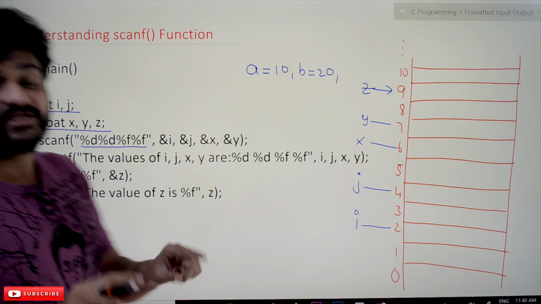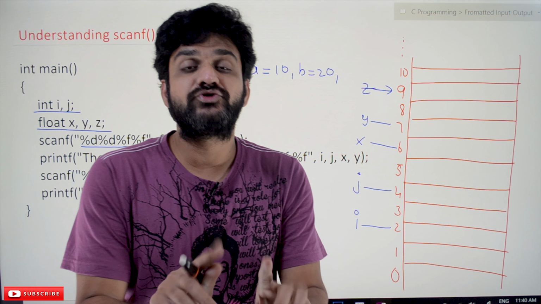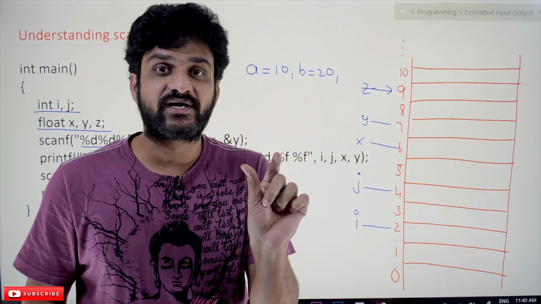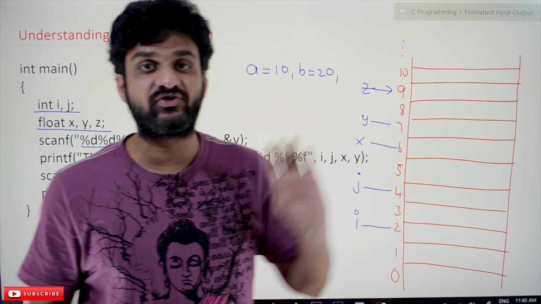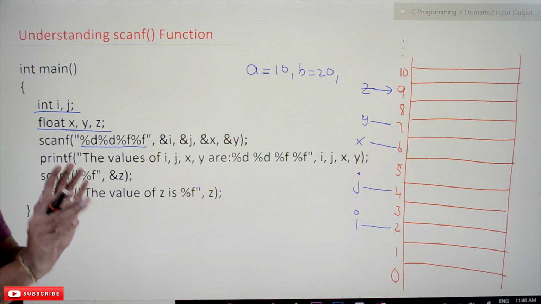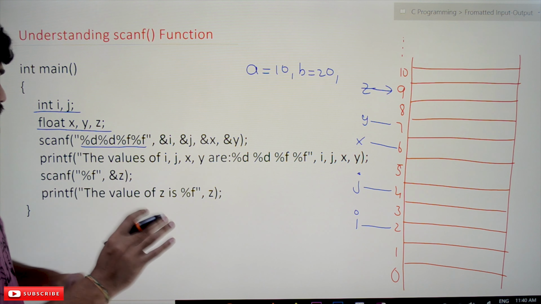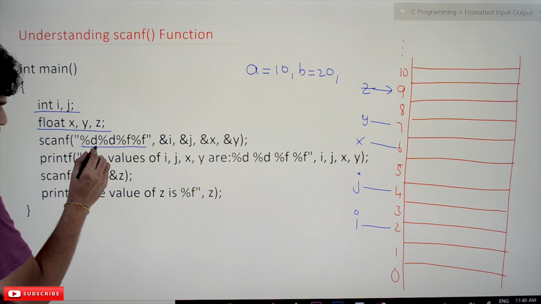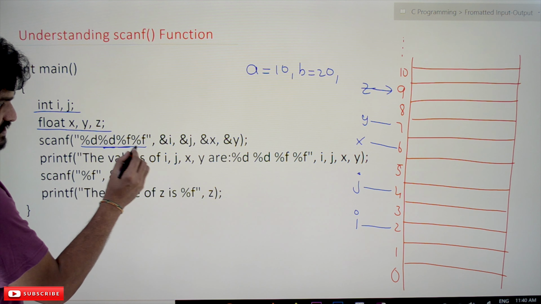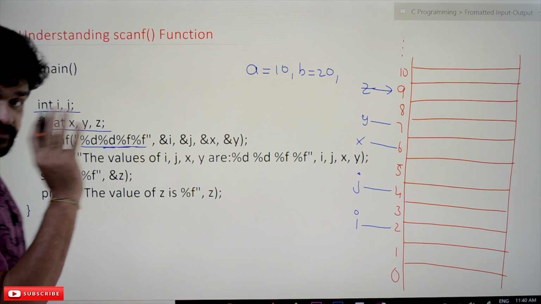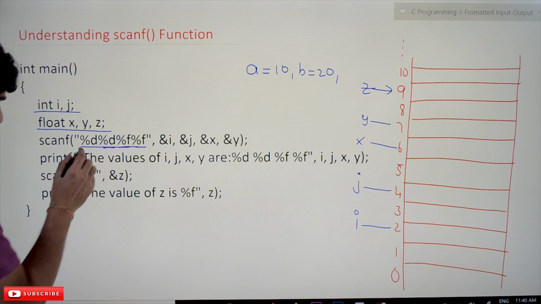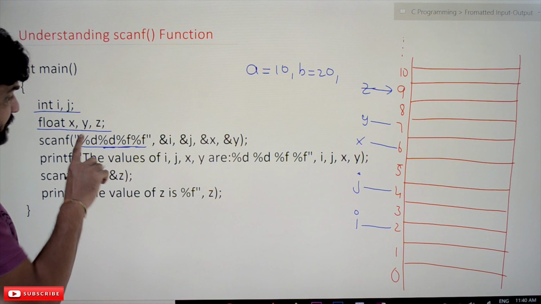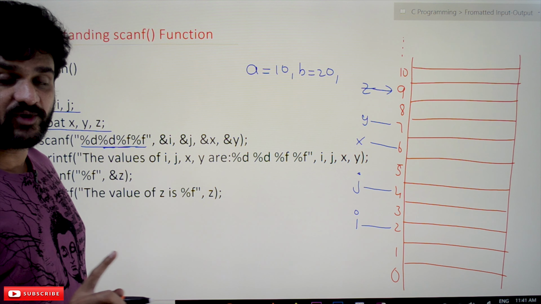But in scanf, it is good practice not to use any characters and to use the conversion specifiers continuously without any spaces. In our later videos, we'll try to understand why it is good practice. So here we have taken %d, %d, %f, and %f. Four conversion specifiers are there. %d means integer, and %f is for floating point values.